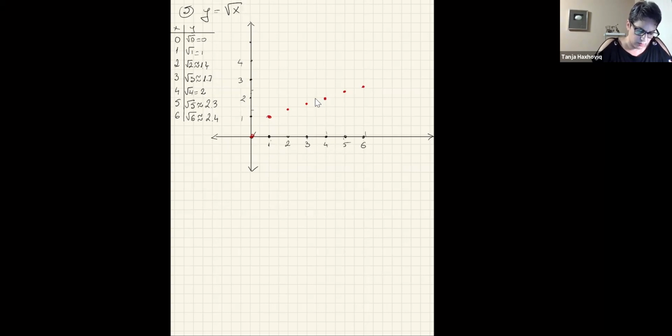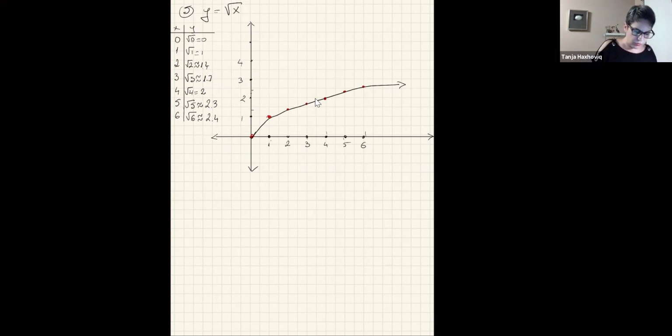Okay, so this looks a little better. That's the graph of the square root of x, the general shape of the graph of this equation.